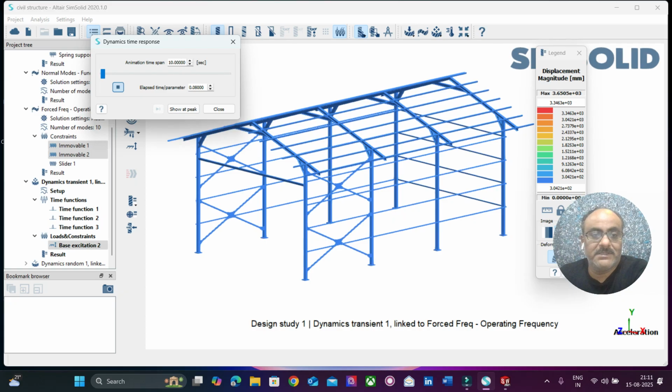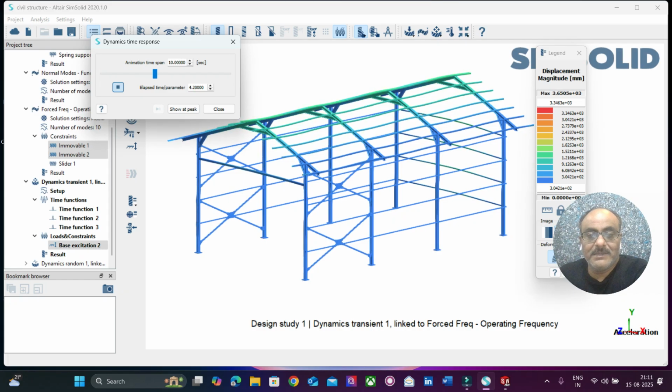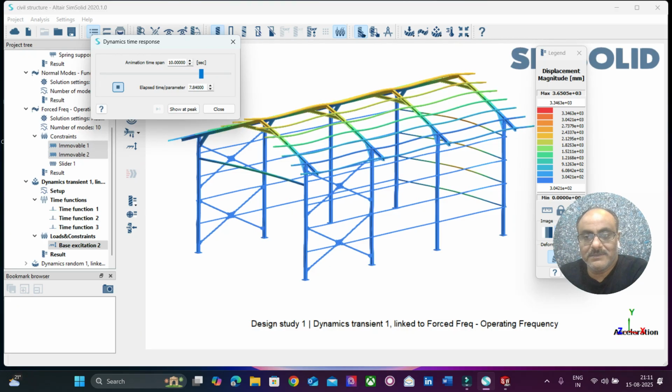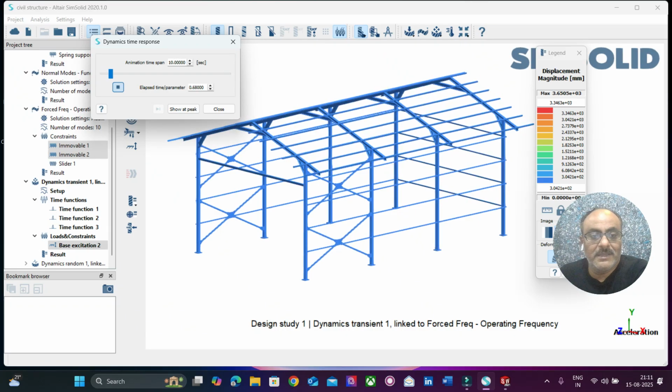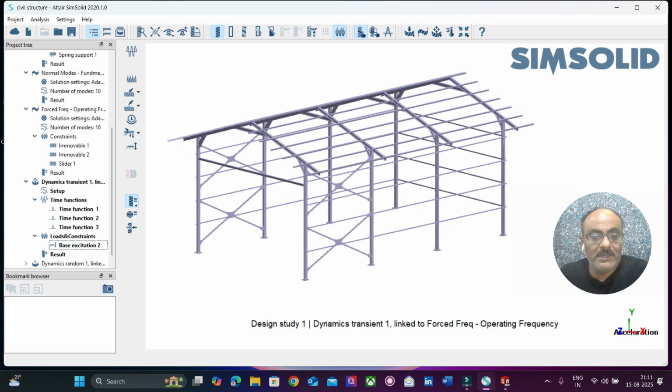Okay, so this is the initial jerk. Okay, and then over a period of time, that's going to increase the deformation. So this is almost about 330 mm. Okay, now let's see how the stress values are going to happen.